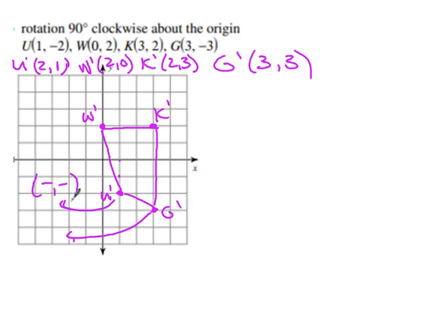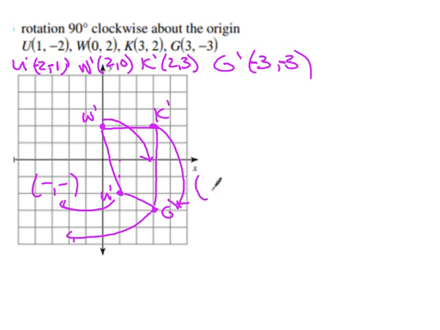W and K, let's see, if we go 90 degrees, they're going to end up right over here. So W, looks like we're still positive, so that's going to be good. And then K, this is the positive, negative quadrant, so positive, negative.